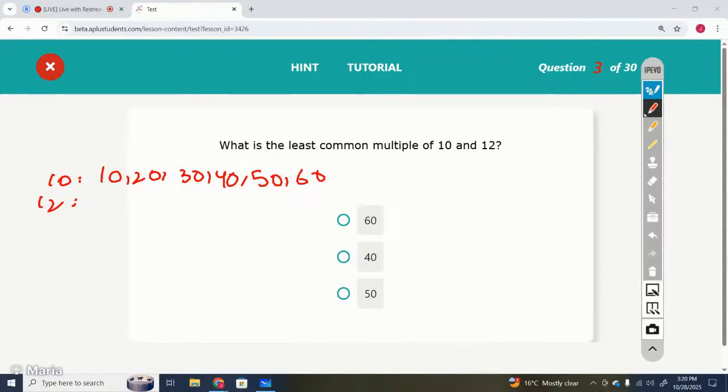Now write down the multiples of 12. 12 times 1 is 12, 2 is 24, 12 times 3 is 36, 12 times 4 is 48, 12 times 5 is 60.